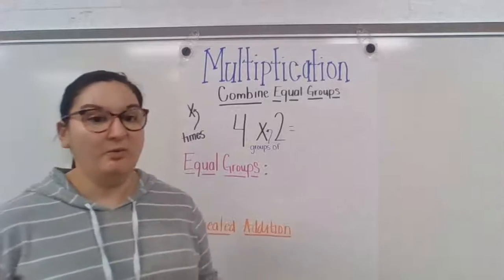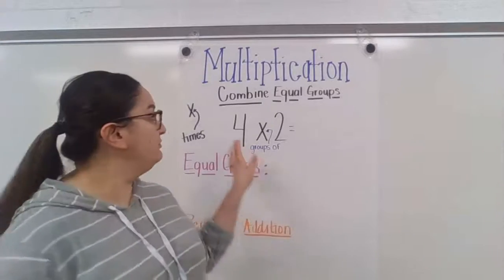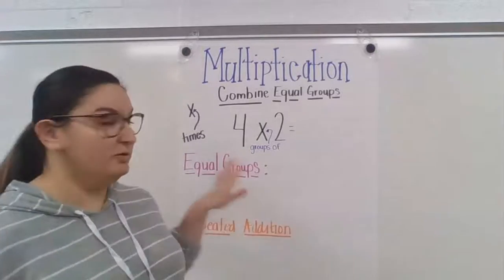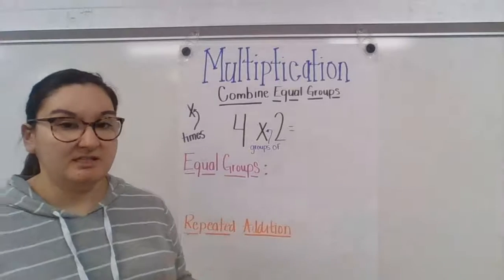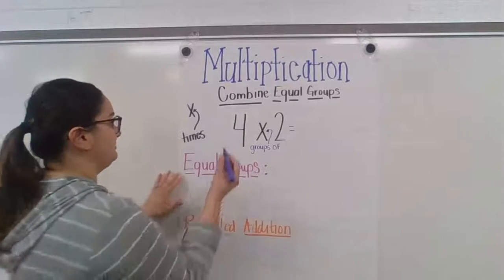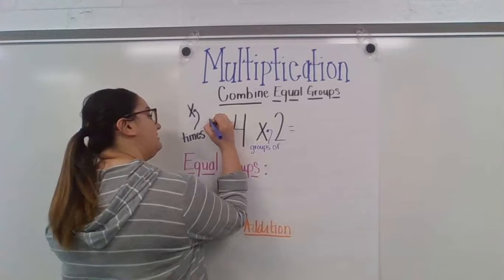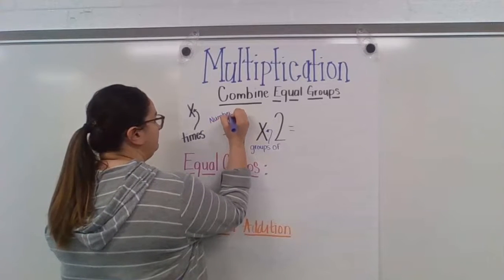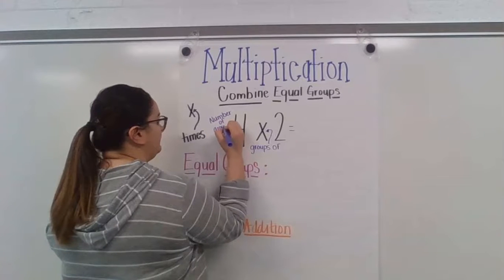Okay, so let's talk about what our multiplication problem actually tells us, because 4 times 2, we can draw a picture and make equal groups. So let's break it down. So our first number is telling us the number of groups.